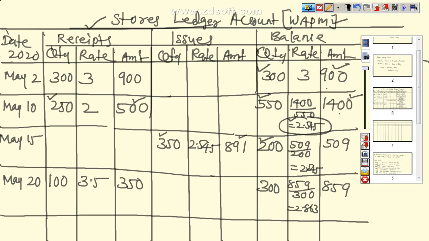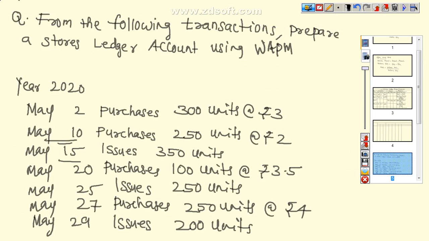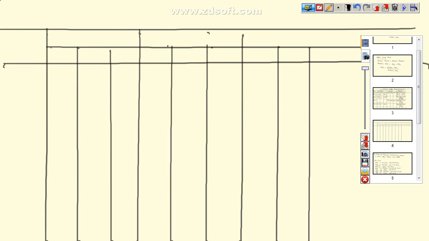Now after this, next we have to issue the material. How many units? 250 units on May 25th. So again we continue with the table. Here we write receipt, issues, balance. Here we write quantity, rate, amount.